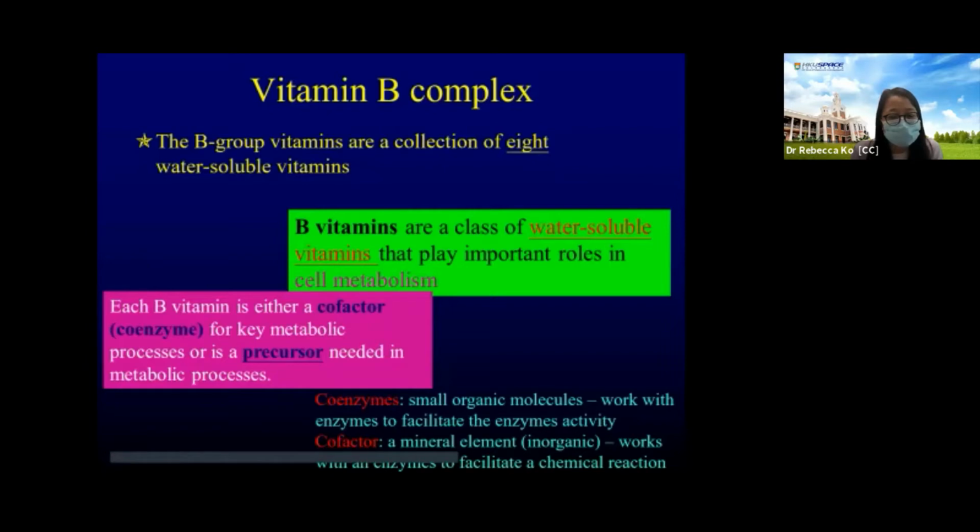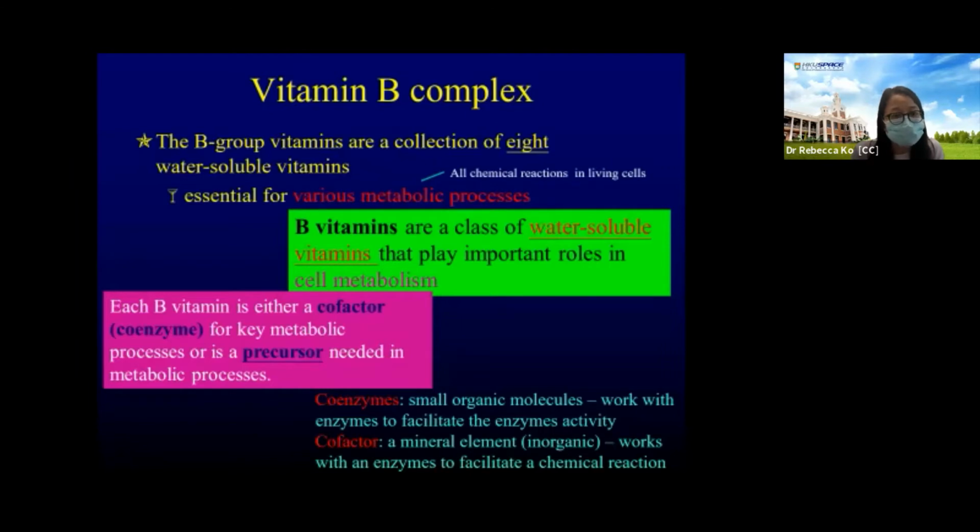So that's why it is very, very important. Without vitamin B, we may not be able to run all these chemical reactions efficiently. That's why on the handout you found that vitamin B is essential for various metabolic processes, that is, all the chemical reactions in living cells.